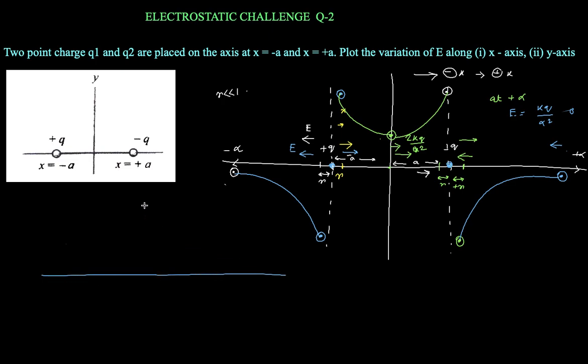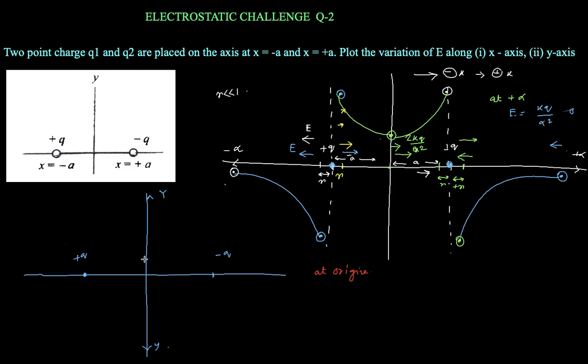Again we plot the quadrant for the y-axis. So this is your positive y-axis, and this is your negative y-axis. Now this is your plus q charge, this is your minus q charge. So at the origin, what is the electric field?